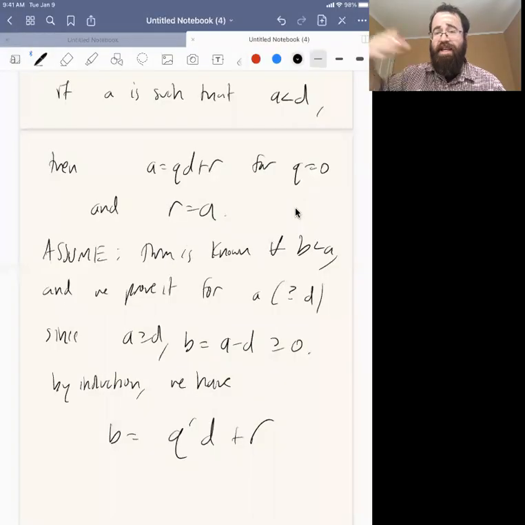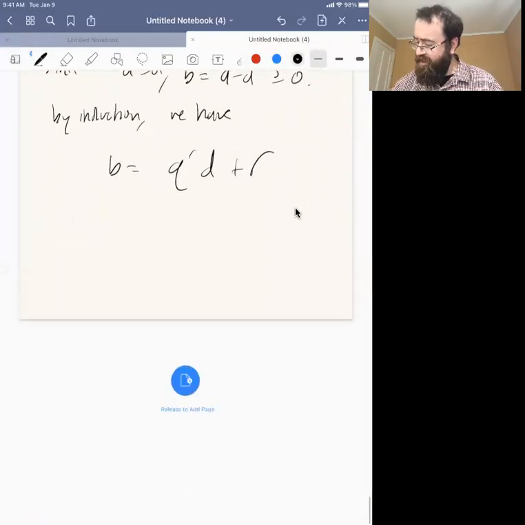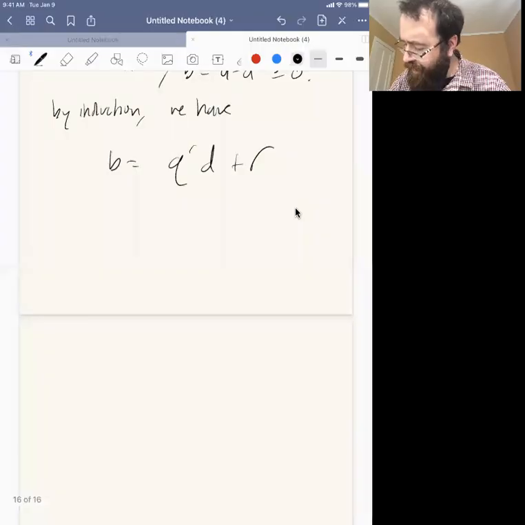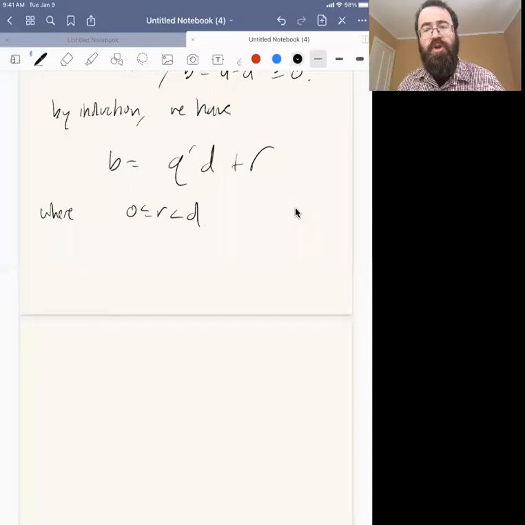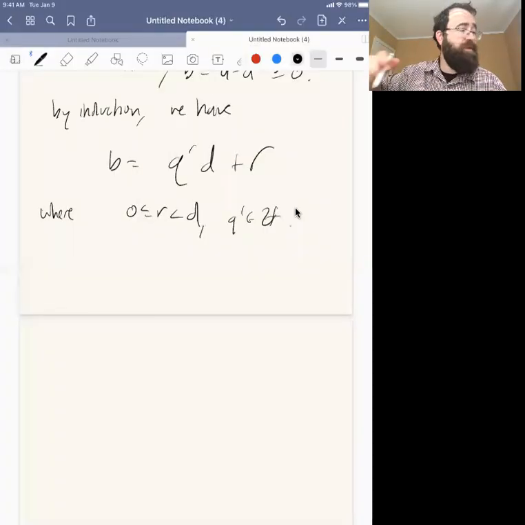We can divide D into B and get this, where R is in the correct range, and Q prime is some number. I don't know what Q prime is, a natural number in this case, but it's whatever you get when you do the division, which is known inductively for this number B.